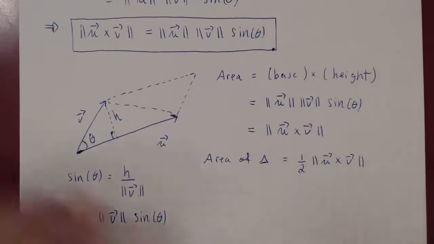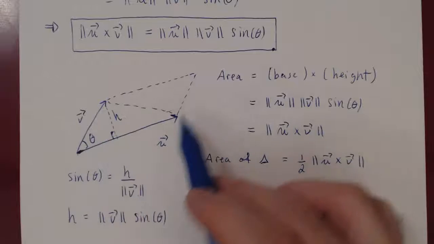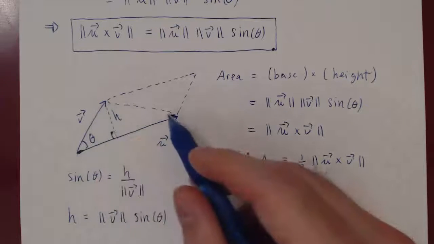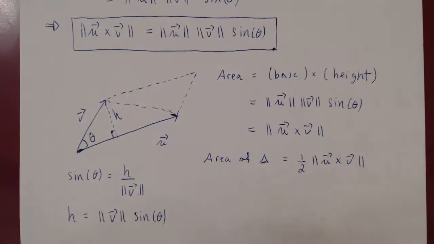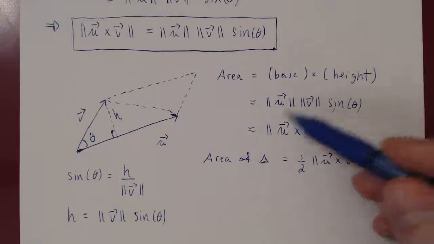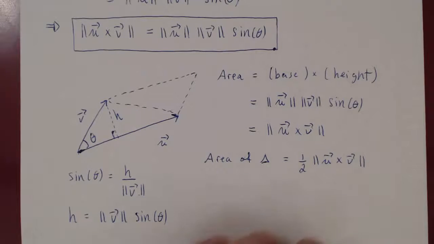And that's it for problems of area, either of a parallelogram spanned by two vectors or of a triangle spanned by two vectors. One question is, what if we had two vectors u and v in R2 with two components? Could we perhaps do something simpler than computing the cross product? And the answer is yes.